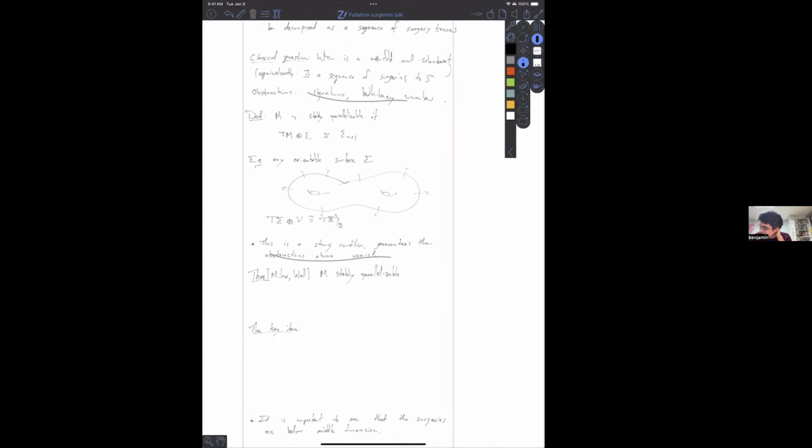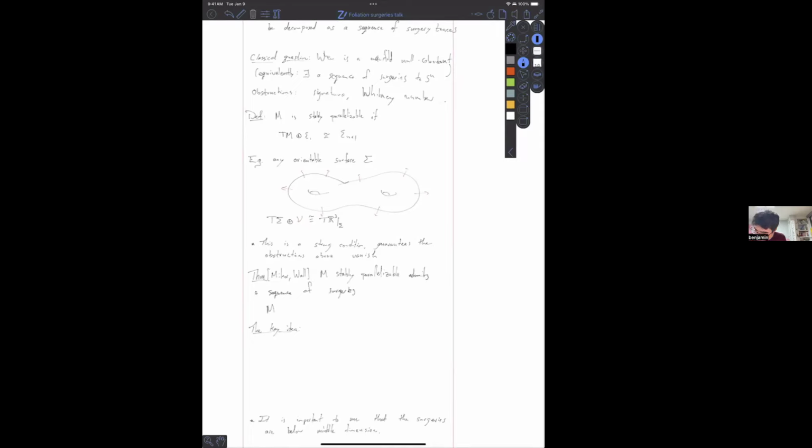So there's a theorem going back to work of Milnor and then Wall and also Milnor again, that if M is stably parallelizable, then it admits a sequence of surgeries.